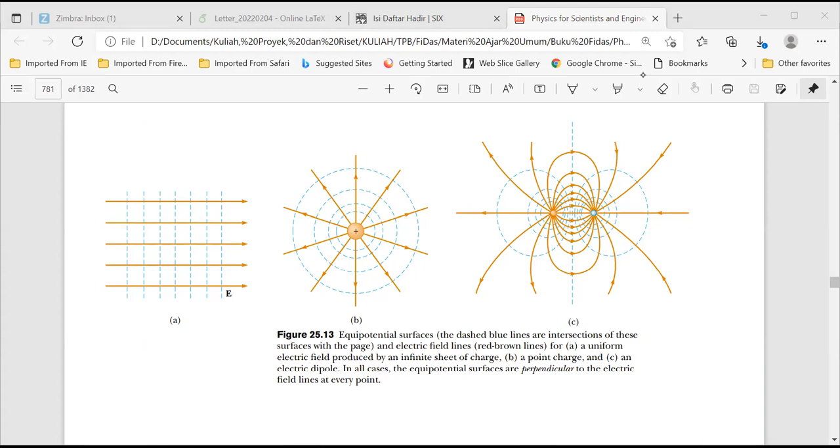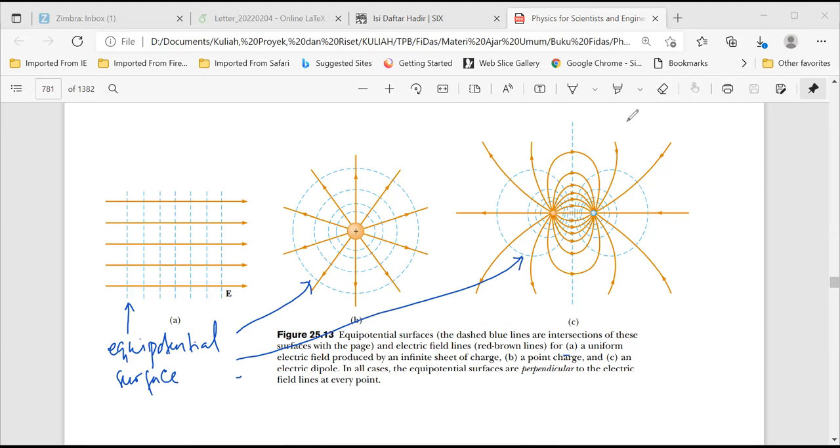This blue one here, equipotential surface. This is also, and this is also. Okay, I hope that's clear. Is there any question? Okay. Let us continue.